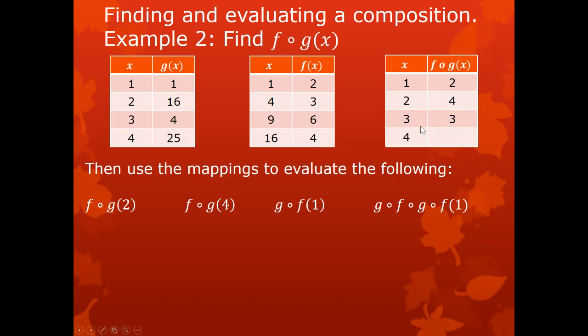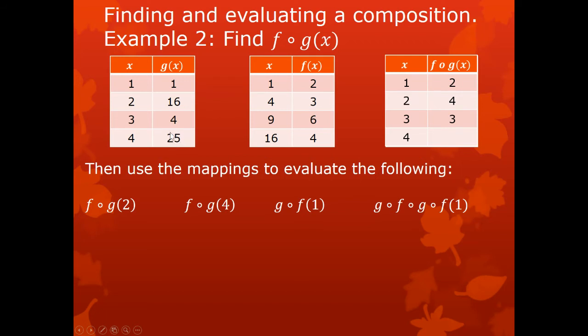Now, we have to be careful whenever we're dealing with compositions, because watch what happens when I try this next one. So g of 4 gives me 25. Well, I don't have a table value for 25. I don't have a value of 25 in my mapping here. And so it feels like we're kind of stuck. And that's exactly what we are. We are stuck.